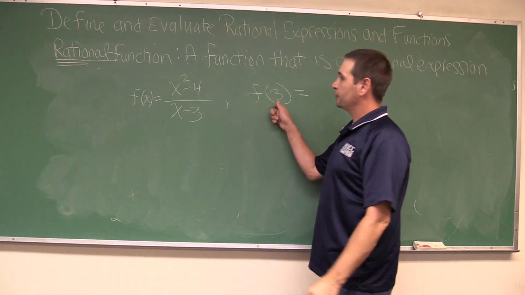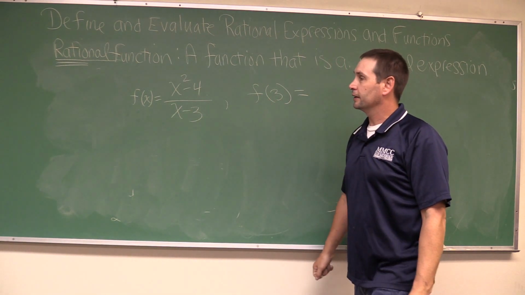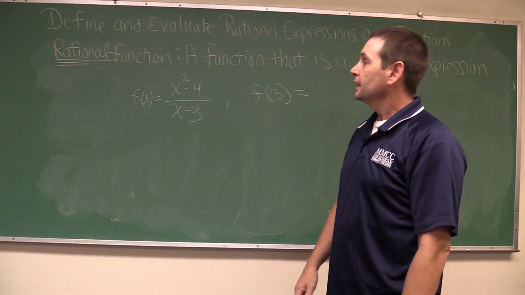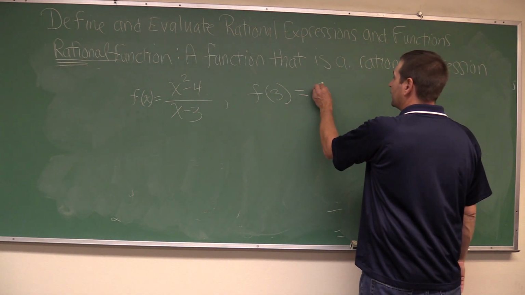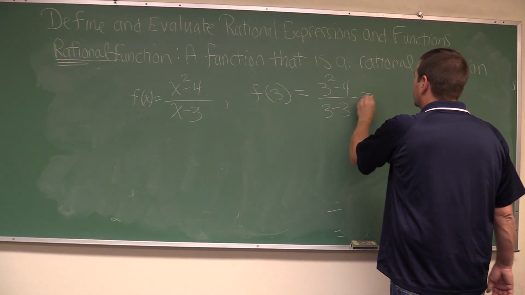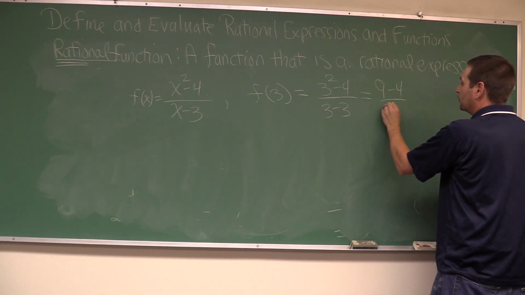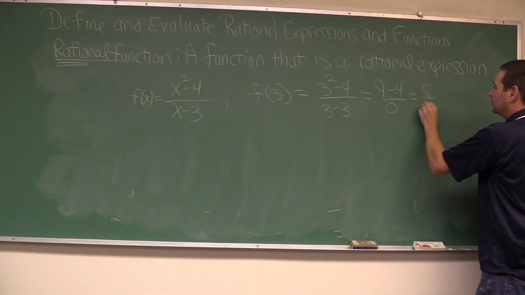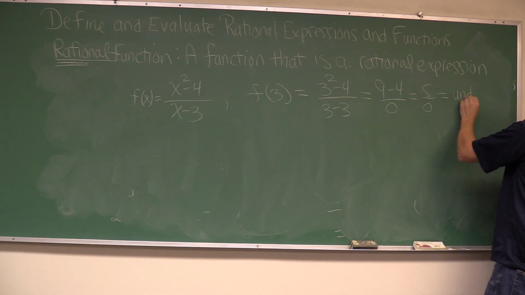That's saying, if you plug in 3 for x, what do you end up getting for an output for y? If I did ask you for that, I would plug in 3 just like we did last time. We got 3 minus 3. I ended up getting 9 minus 4 over 0, which was 5 over 0, which would be undefined.